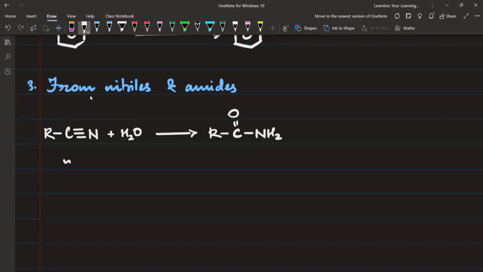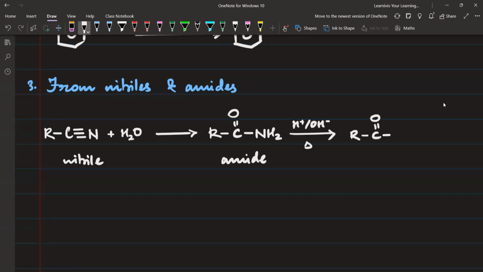So we start with nitrile and we get amide. Okay, after this you need to just add H plus or OH negative in the presence of heat and you will get RCOOH.